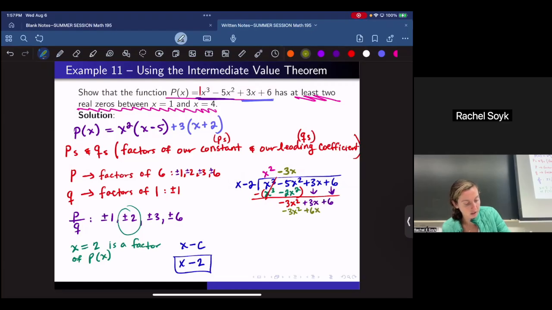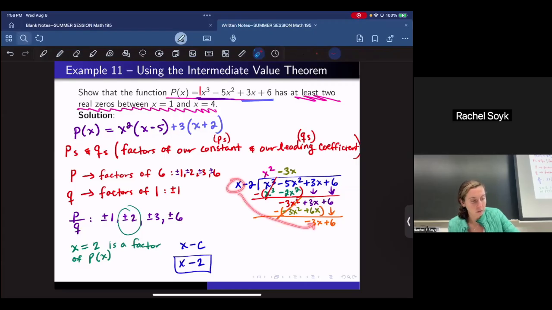And so what we have in this dark yellow, we're subtracting so that these two cancel out. 3x minus 6x gives you negative 3x, and then we bring down the 6. Let's keep going. X times what gives you negative 3x? It's minus 3. Negative 3 times x gives you your negative 3x.